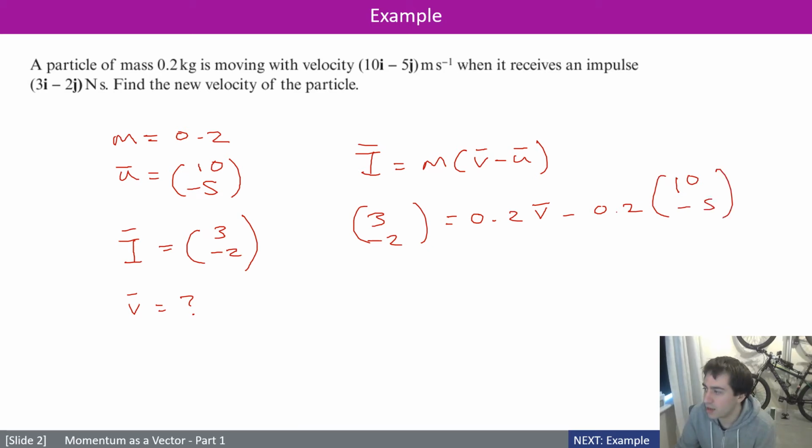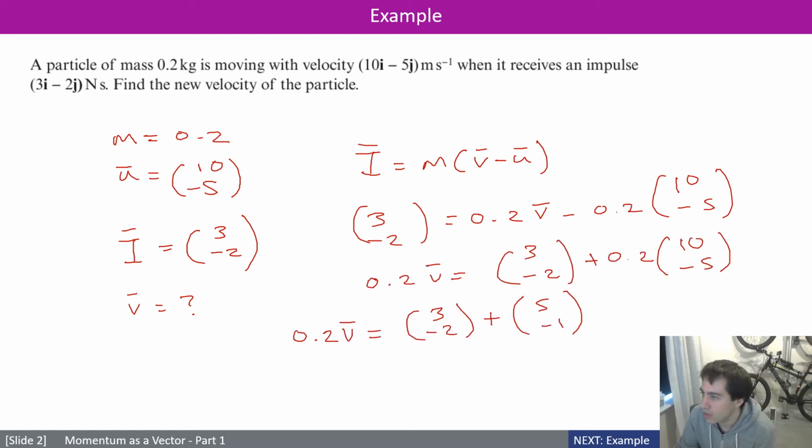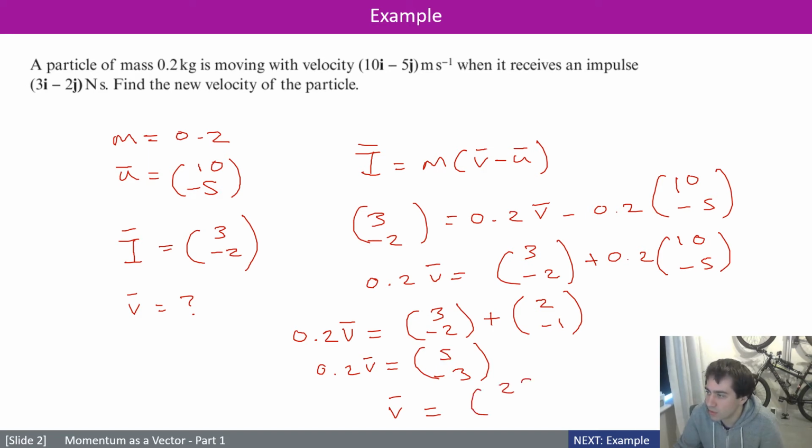And then I'm just going to fast forward, and we get this just by manipulating our vectors a bit. 0.2 times 10, that's 2, should be 5 minus 3. Multiply both sides by 5, we get (25, minus 15). Okay, and that's it. Find the new velocity, that's acceptable.